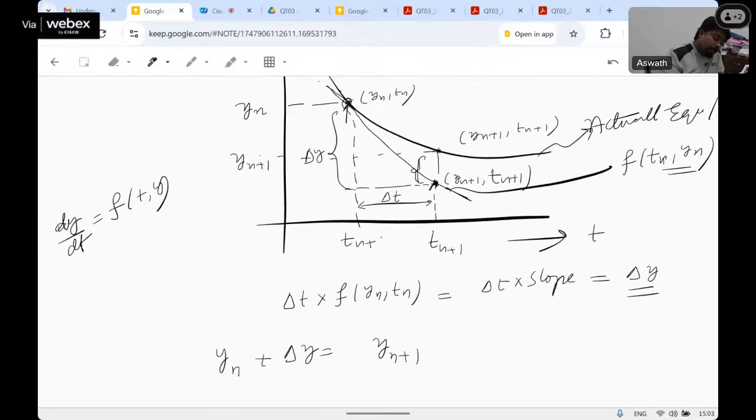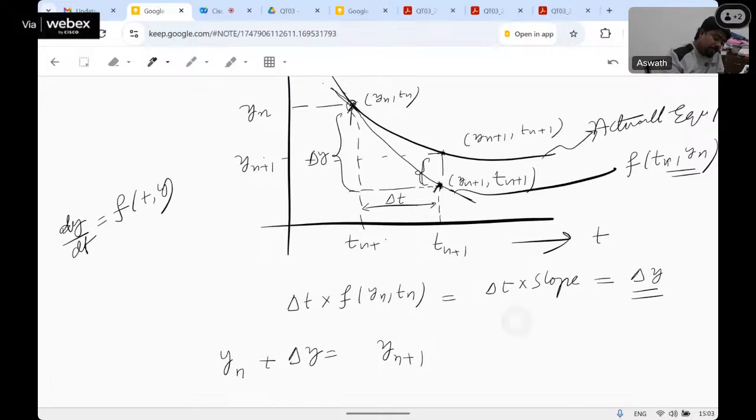As I increase the step size, the error actually increases. At this point the error is small, at this point it is large. As you go farther and farther away, the error keeps increasing.